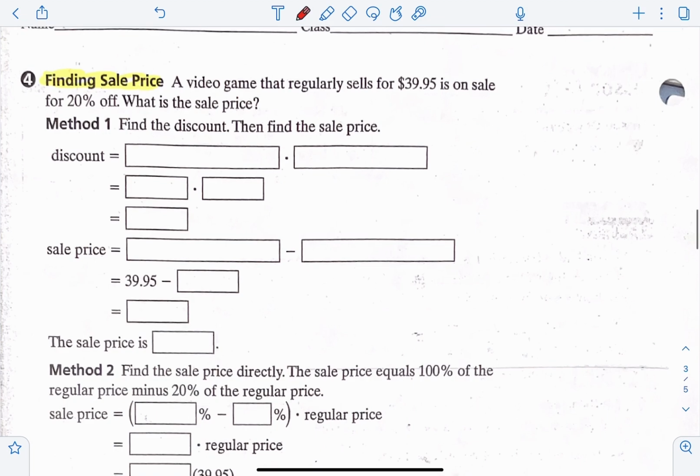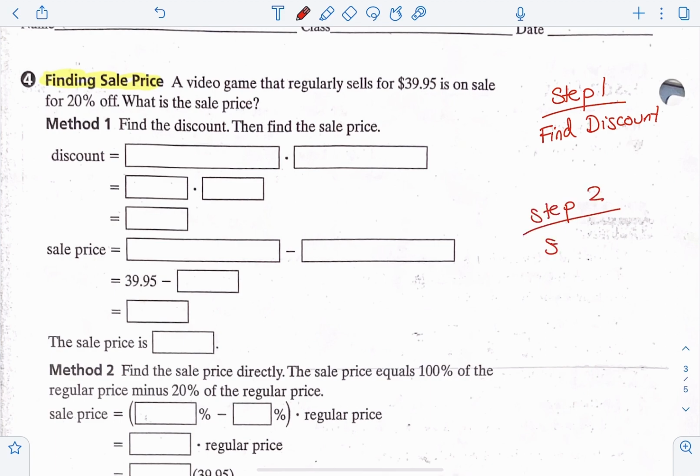And again, it's going to have 2 steps. Step 1 is going to be find the discount like we just did. And then step 2 is going to be subtract instead of add, right? We're subtracting from the price because it's discounted, which means we're going to pay less.